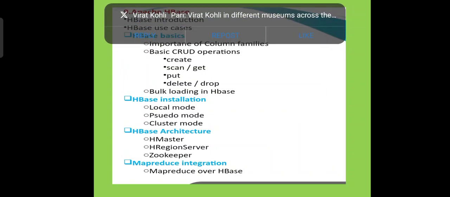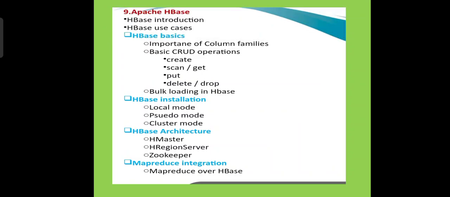So HBase runs in some ways: local mode, pseudo-distributed mode, cluster mode. HBase components are HMaster, HRegionServer, ZooKeeper, and MapReduce integration, MapReduce over HBase. HBase basics are column families and basic CRUD, already seen.